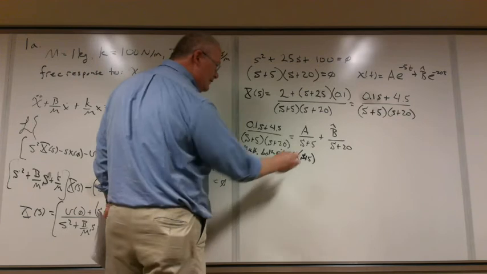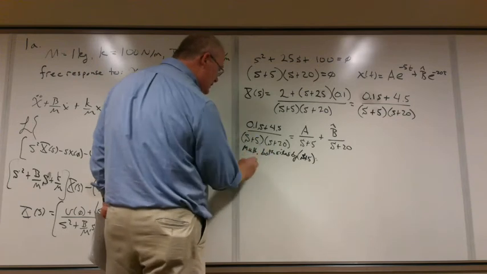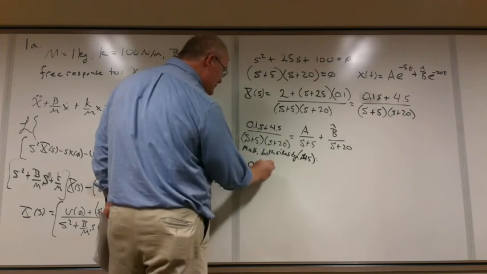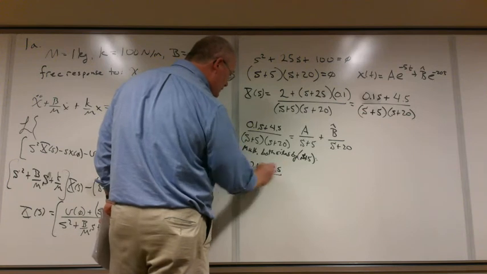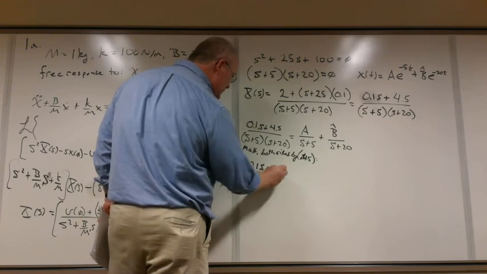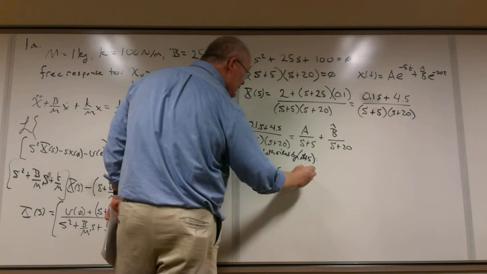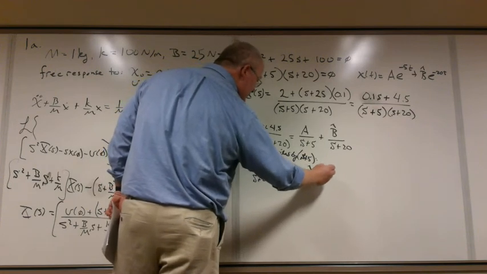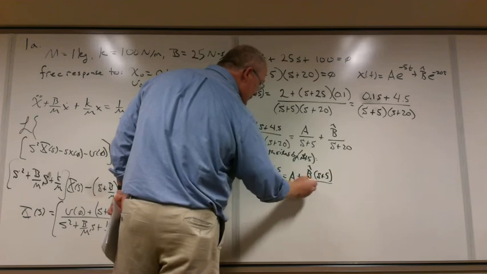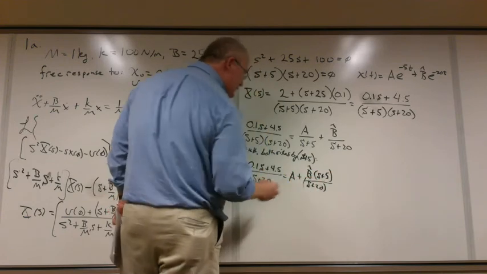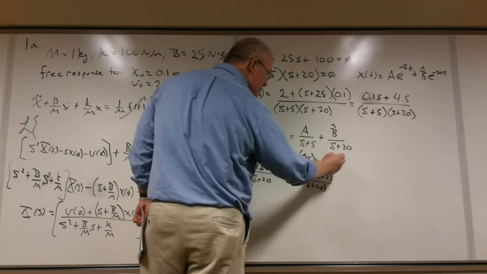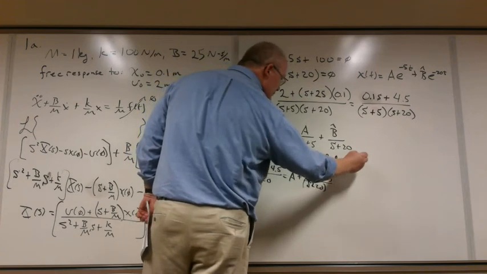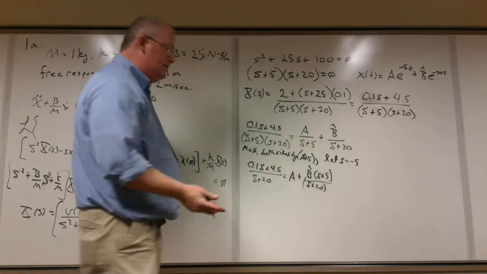Okay, s plus 5. What we'll end up with is 0.1 s plus 4.5 over s plus 20 is equal to a plus b hat times s plus 5 over s plus 20, let s be equal to minus 5. This has to hold for any possible value of s.